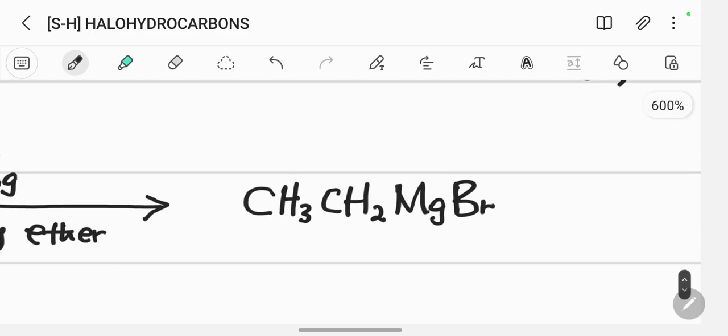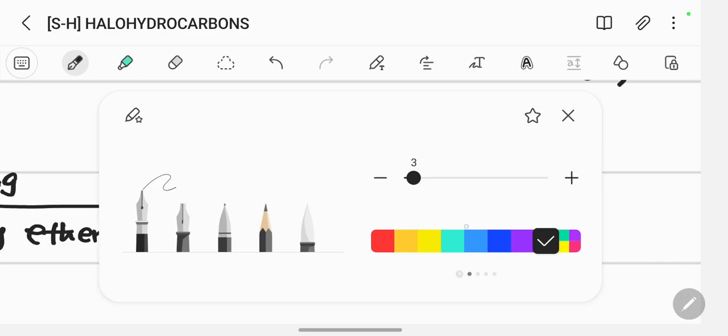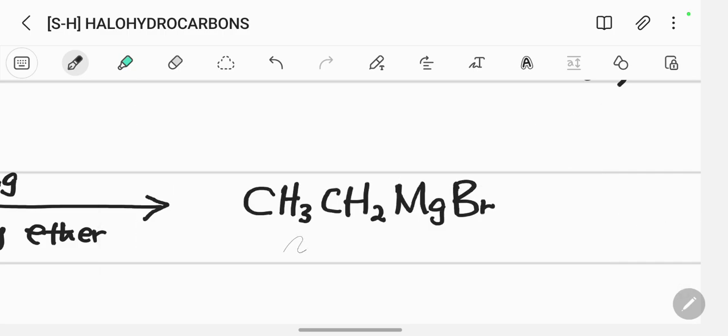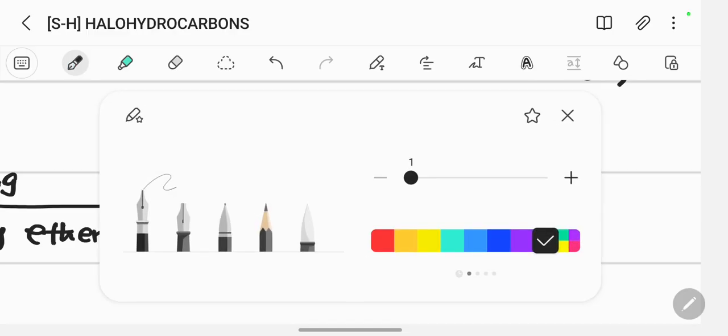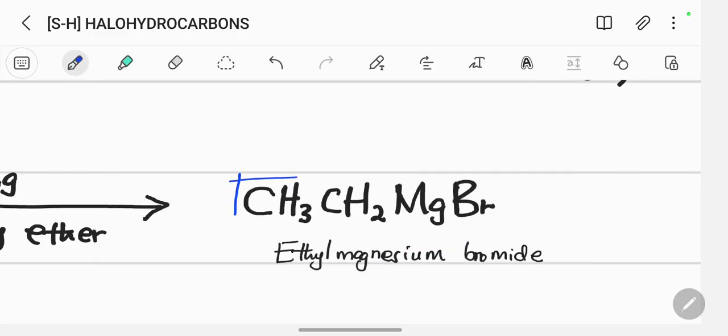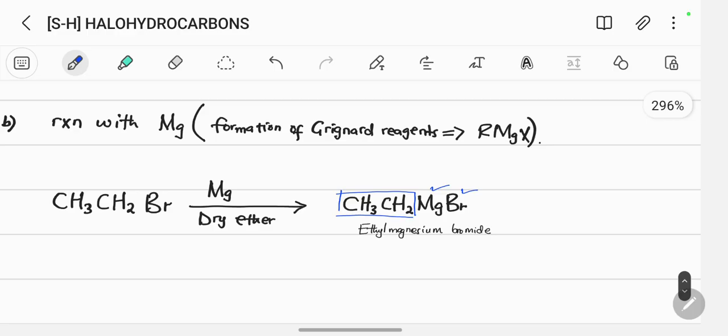This one's called ethyl magnesium bromide. That's how we form it.